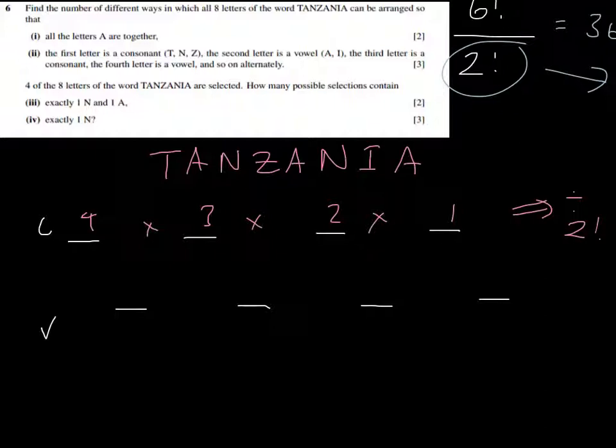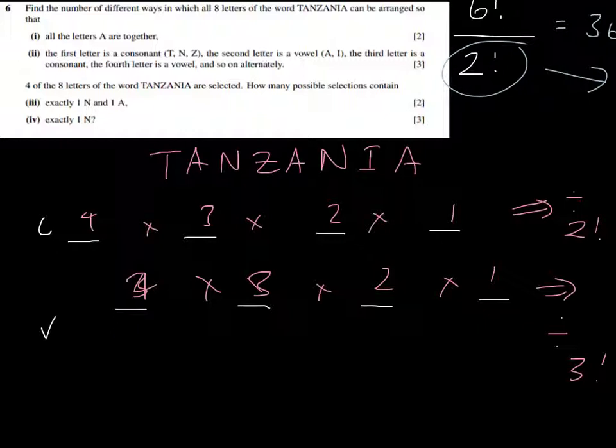For the vowels, we've got 4 times 3, sorry, it's very messy, times 2 times 1. But in this case, we're going to have to divide through by 3 factorial because of the 3 A's that will look the same.